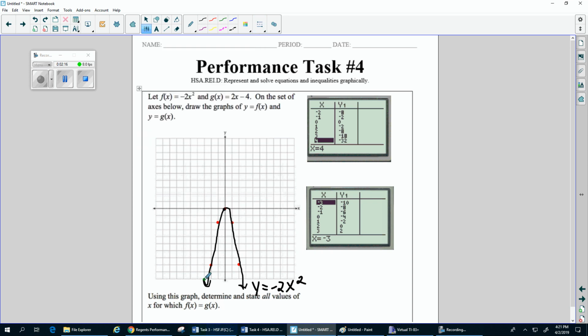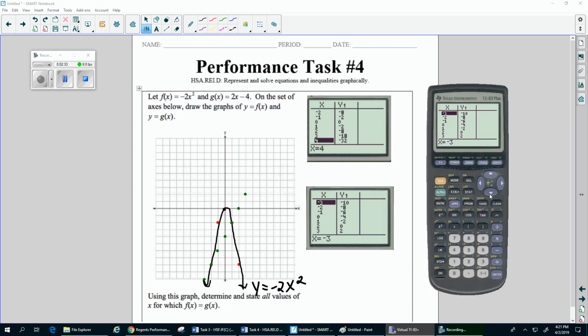Negative 3, 10, negative 2, negative 8, negative 1, 6, 0, negative 4, 1, negative 2, 2, 0, 3, 2. There are more points, so go look in your calculator, see if you can find the other points.